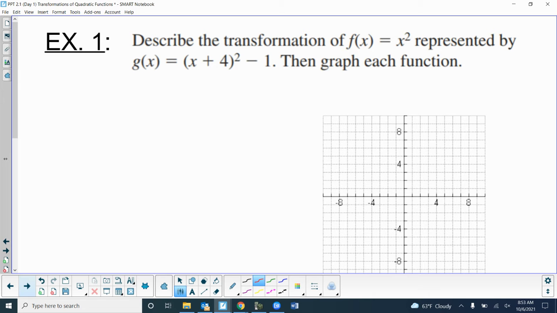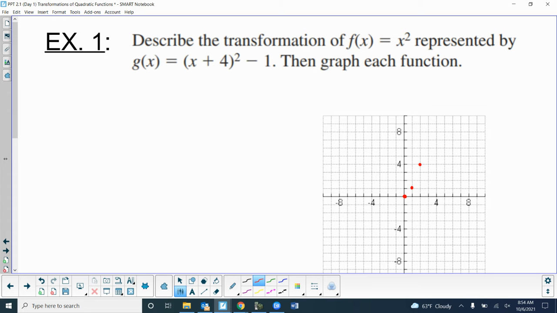All right, so here it says describe the transformation of f of x equals x squared, and then graph each function. So let's graph the parent function. Remember, if x is 0, what's 0 squared? 0. So that's a 0, 0. If x is 1, what's 1 squared? 1. If x is 2, what's 2 squared? 4, right?